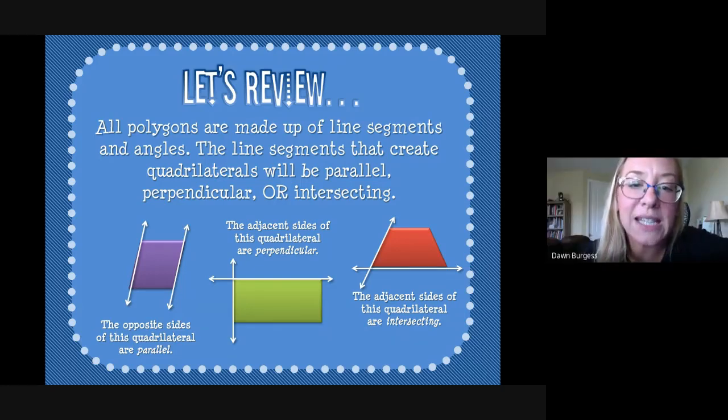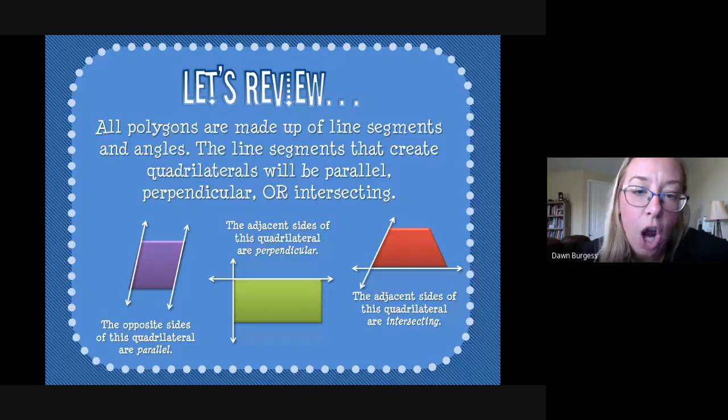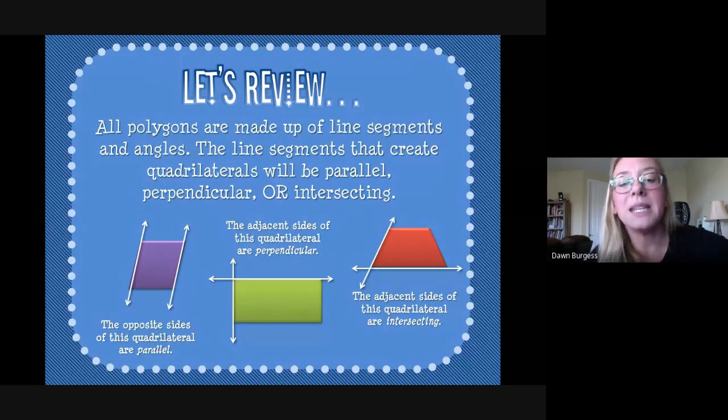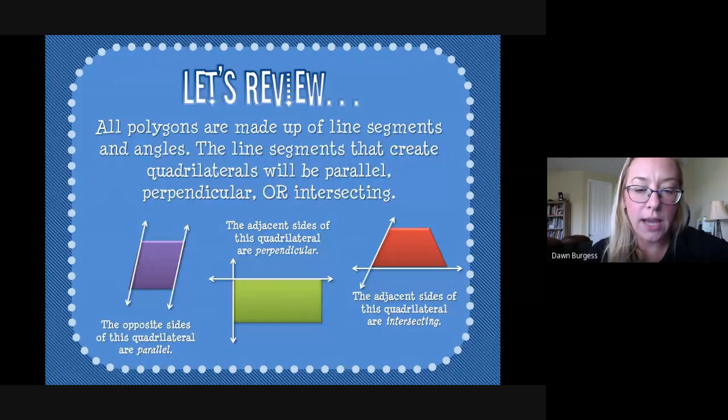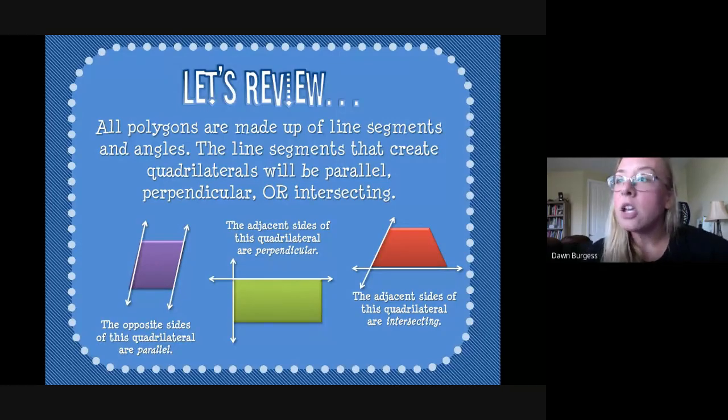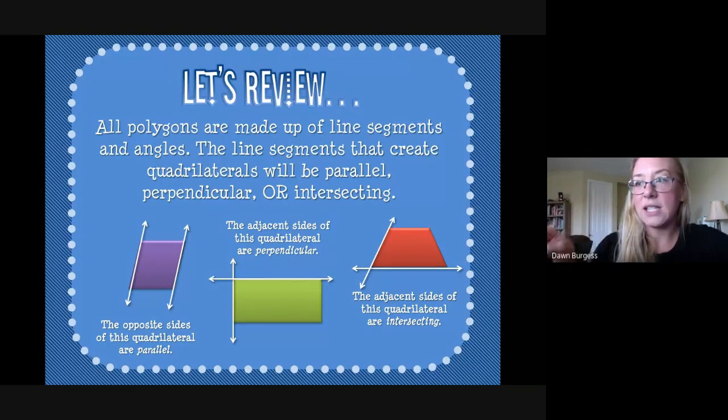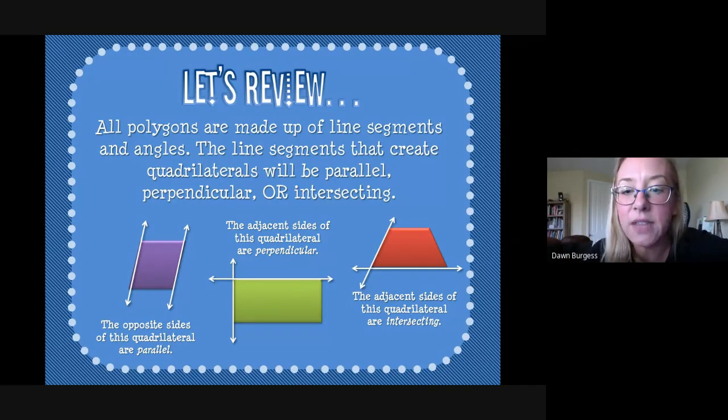The adjacent sides of this quadrilateral are perpendicular. Adjacent means sitting right next to. Okay, so for instance, on my desk, my computer is adjacent to my water cup. Okay, so it just means right next to. The adjacent sides of this quadrilateral, talking about that red trapezoid right there, are intersecting, meaning they cross.